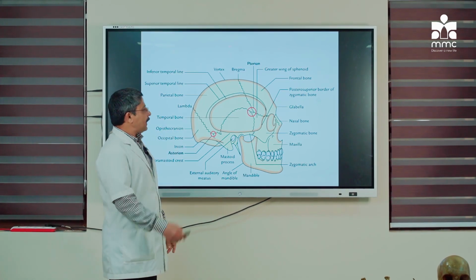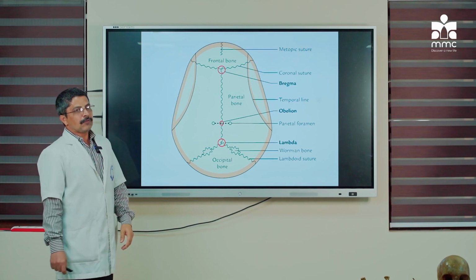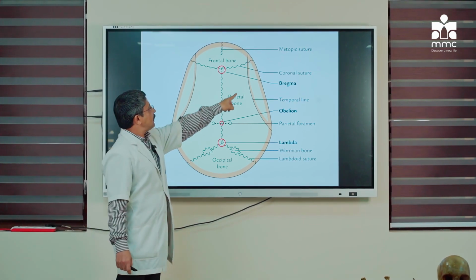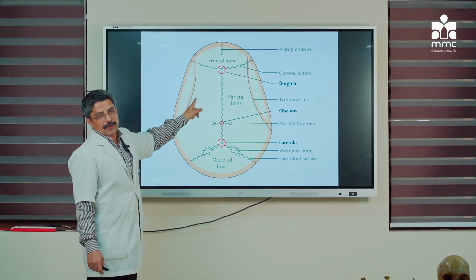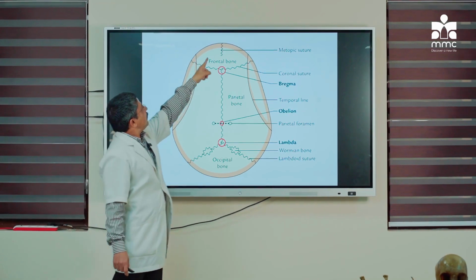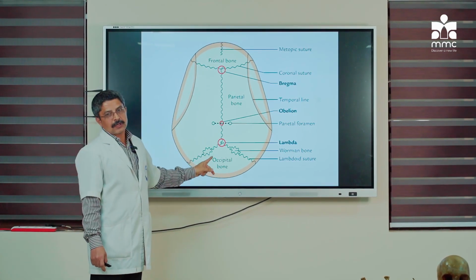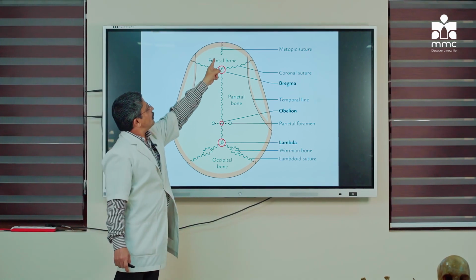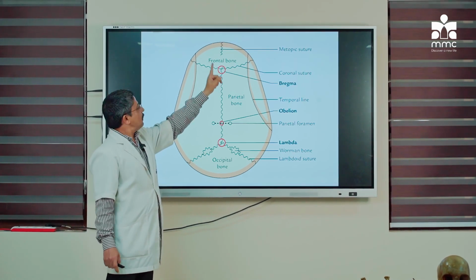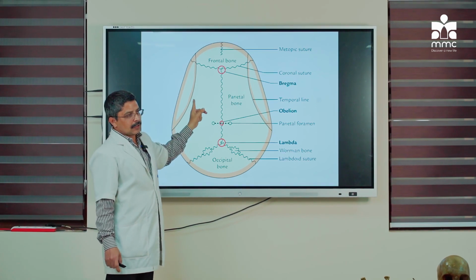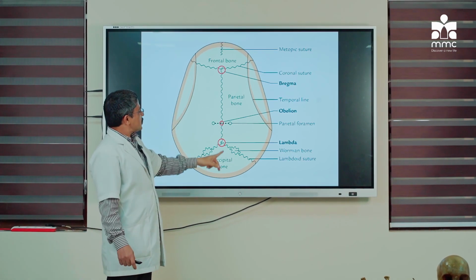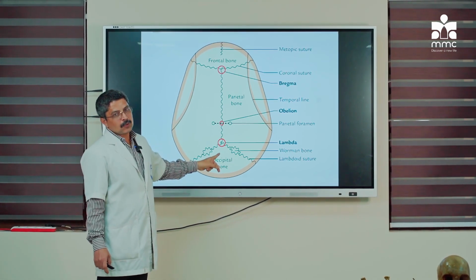There are two parietal bones, one on the right side and one on the left side. This is the anteriorly located frontal bone and this is the posteriorly located occipital bone. Hence, the frontal bone is single in number, there are two parietal bones, right and left, and the occipital bone is one in number on the posterior aspect.